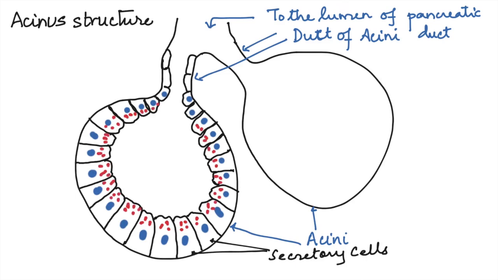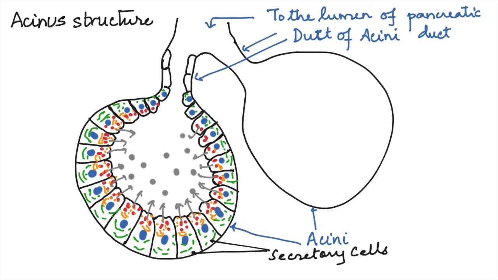Now we have to show different organelles here. These are the different organelles present in the cell which help it to be a secretory cell. These cells then release their secretions into the lumen. The space inside the acinus is also the lumen. The base of these cells has to be labeled as the basement membrane.